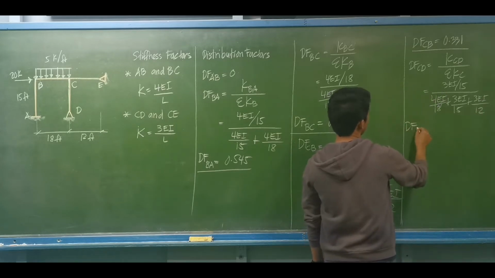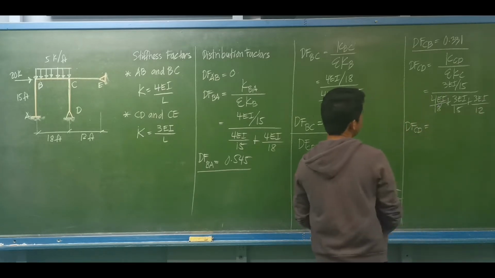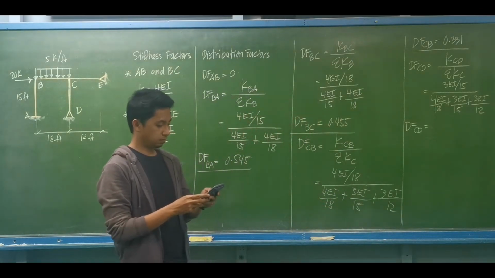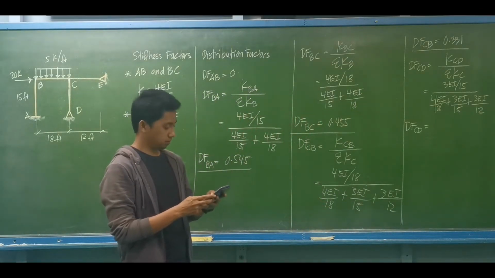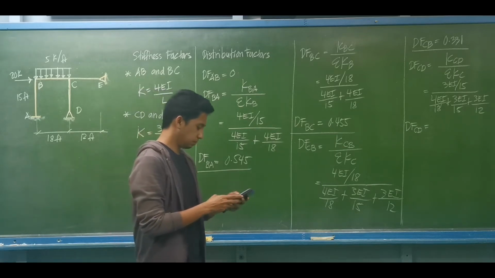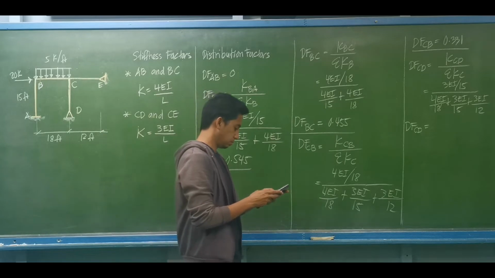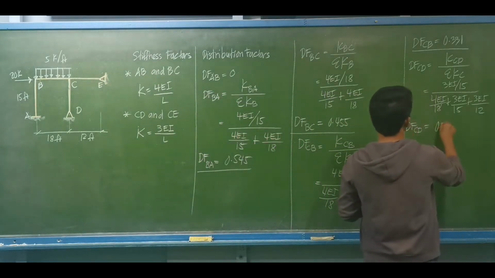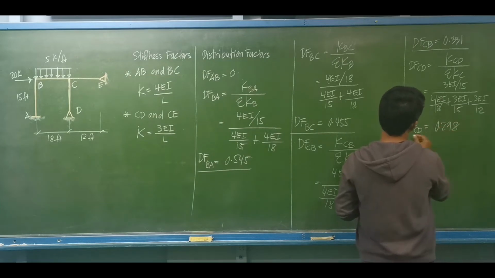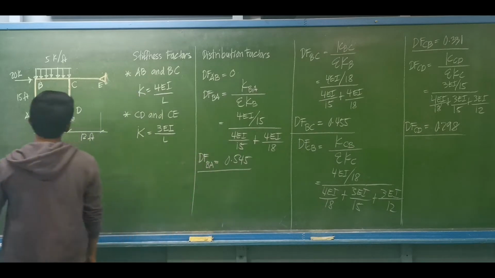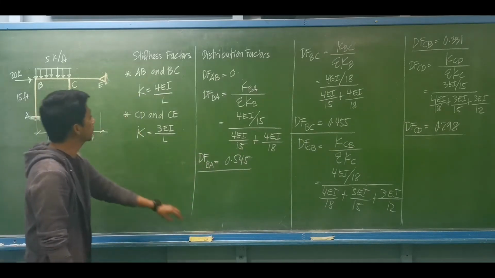The distribution factor for span CD is now equal to 0.298.